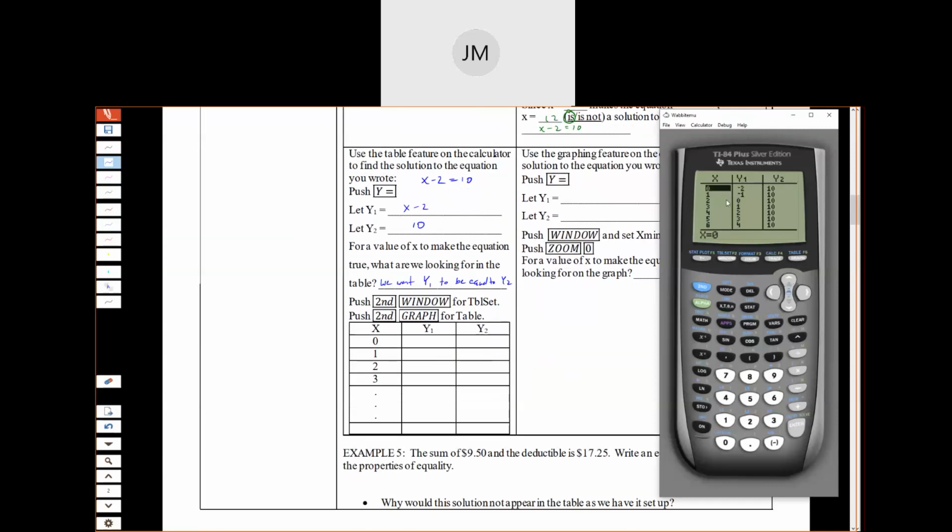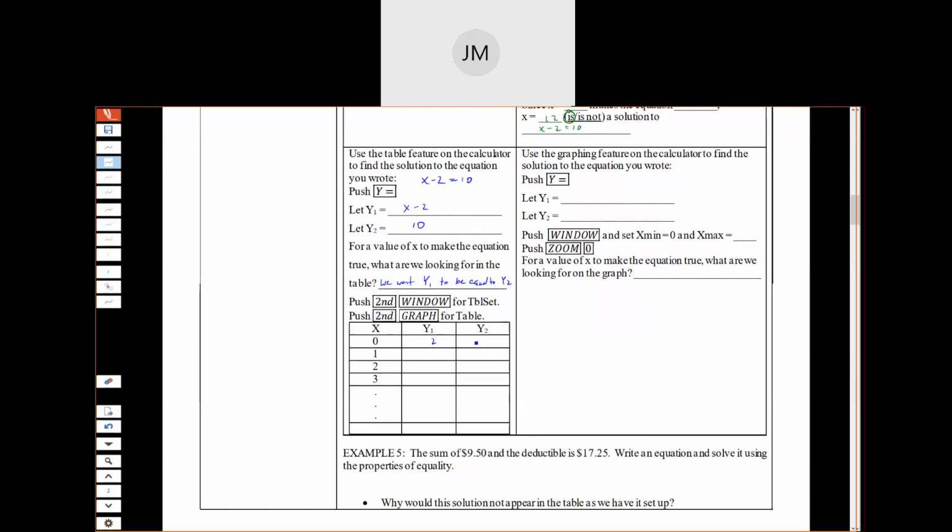I have -2, 10, -1, 10, 0, 10, and so on. But when I get down to 12, that's when they're going to match. Okay. So when these match, the x value is our solution.